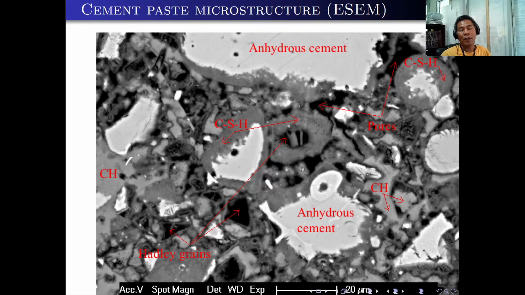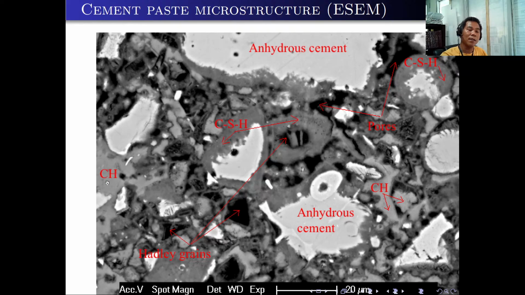If you mix cement and water, there will be a chemical reaction. The water and cement will form into CSH. As you can see, these gray materials are what we call the CSH, the calcium silicate hydrate, and calcium hydroxide. The calcium hydroxide is this one, this color, this gray. So as you can see, it's easy to visualize the anhydrous cement because that is white.